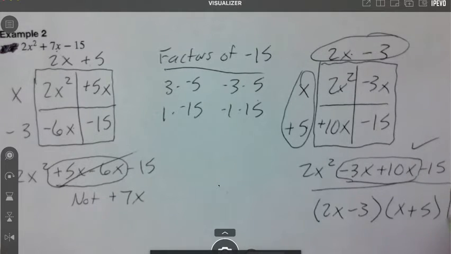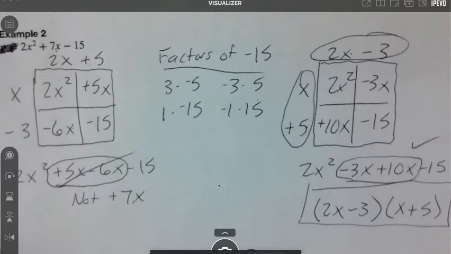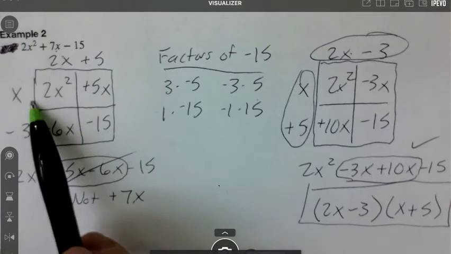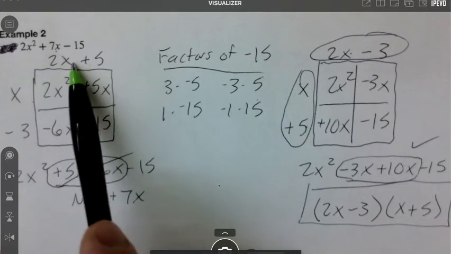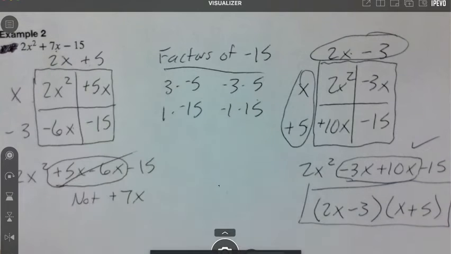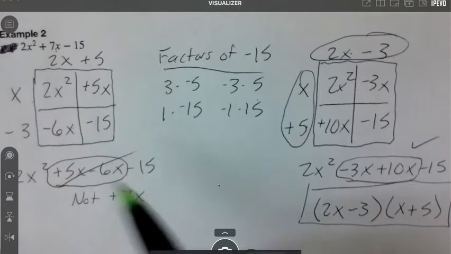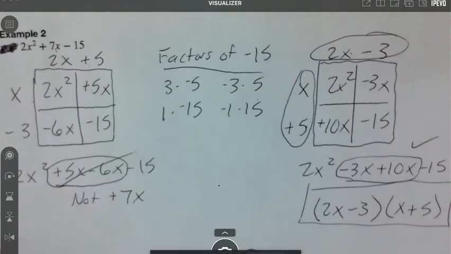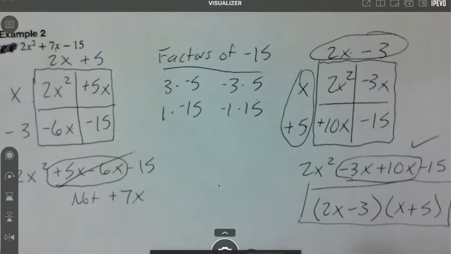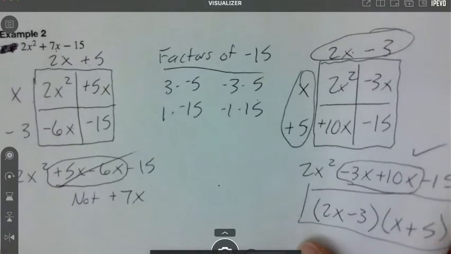There's my answer. So the big deal is, rather than having just x and x, I now have x and a number in front of my other x term. And that causes the order of where I put my factors to matter. All right.